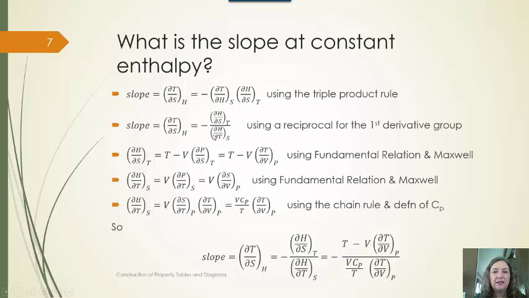All right, so let's look at the denominator, dH/dT at constant entropy. Again, using T dS minus V dP, if I'm holding S constant, dS/dT at constant S is going to be 0. So I'm left with just V dP/dT at constant S. And this is the Maxwell relation that relates to that.